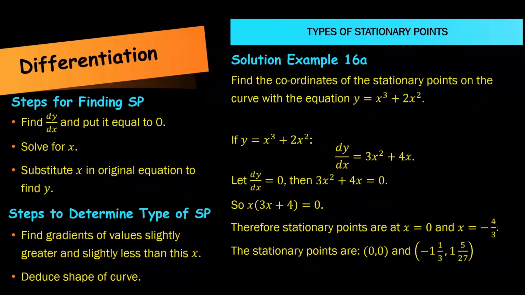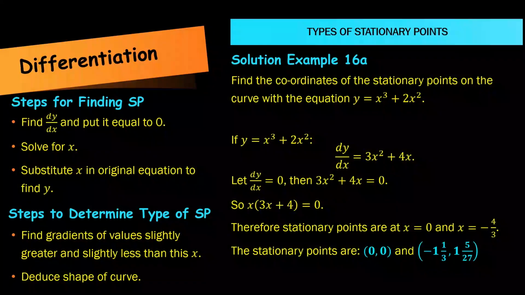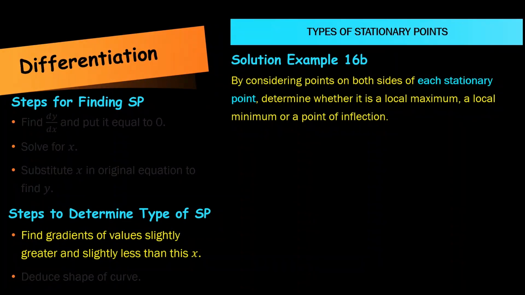Now let's solve part B. By considering points on both sides of each stationary point, we are required to determine whether it is a local maximum, a local minimum, or a point of inflection. For point (0, 0), we are required to consider the gradient on either side of x equals 0.